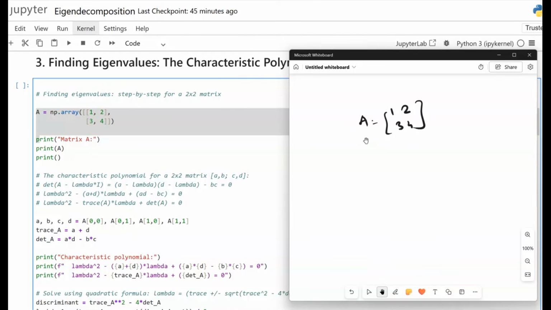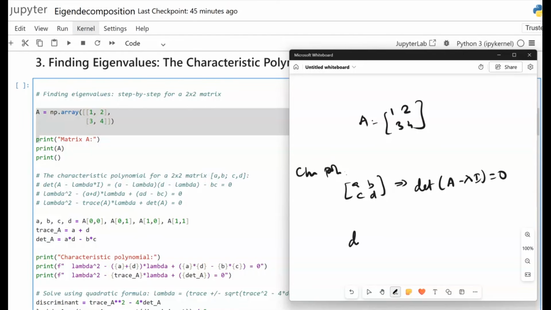Here it explains the characteristic polynomial. For a generic matrix with entries a, b, c, d, the eigenvalues satisfy determinant of A minus lambda I equal to 0.